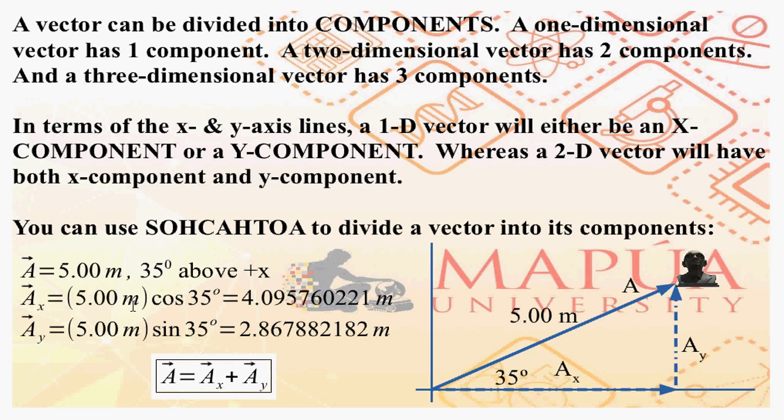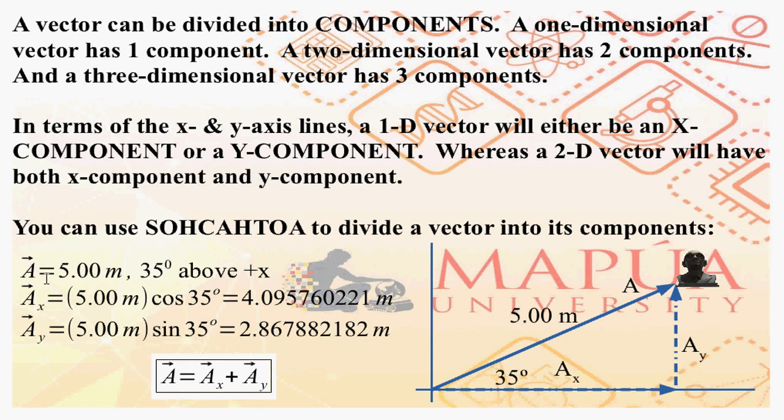Ax will be equal to 5 meters cosine 35 degrees. If we use the sine function, sine 35 is equal to opposite over hypotenuse. The opposite side is the y component, ay. The hypotenuse is 5 meters. Isolating ay, ay is equal to 5 meters sine 35. We have our x component and y component of vector A.